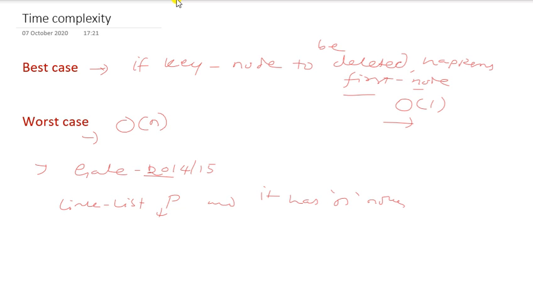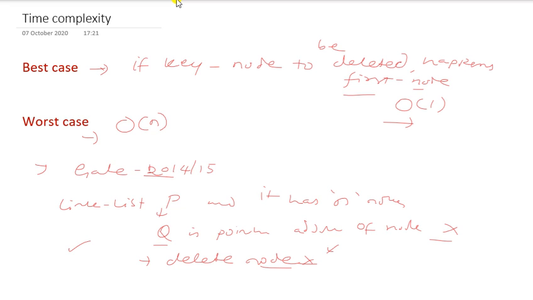Now Q is a pointer, or address, of node X. Some node is there, and Q is the address of that node X. And if I want to delete node X with the best known delete algorithm, then what is the worst case time complexity of this algorithm?